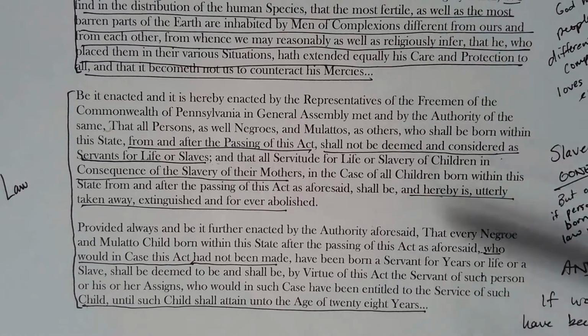Why is this the case? Why would Pennsylvania decide to say, we really want to get rid of slavery, but we're not going to do it yet? Or at least, we're going to do it in a way that allows some time to go by before slavery is completely gone.